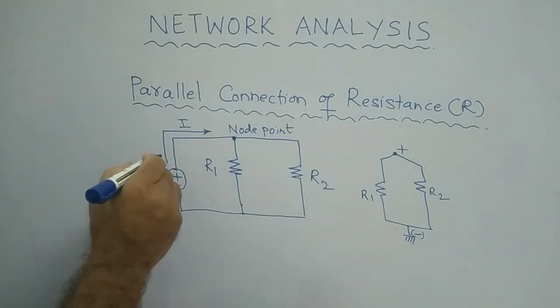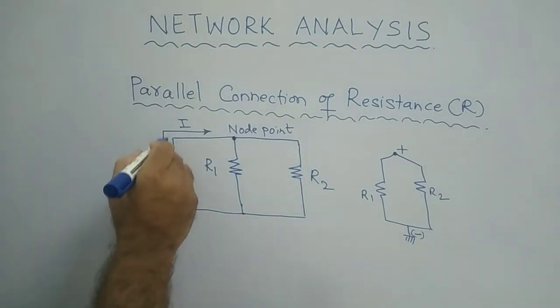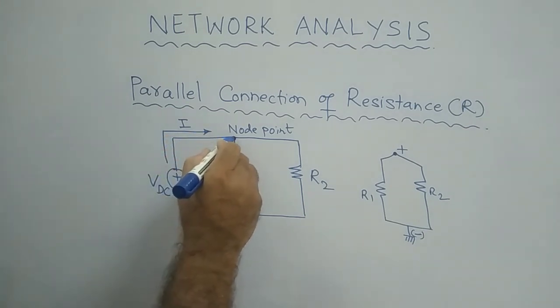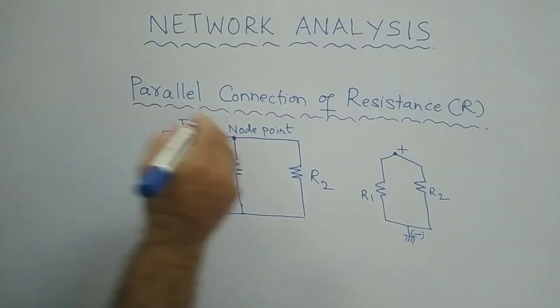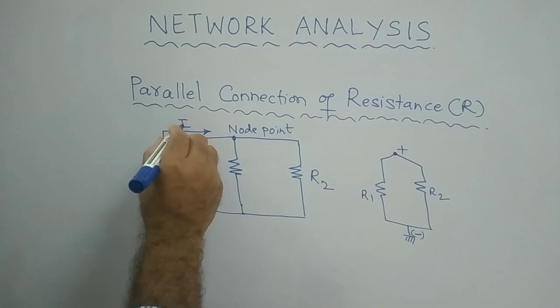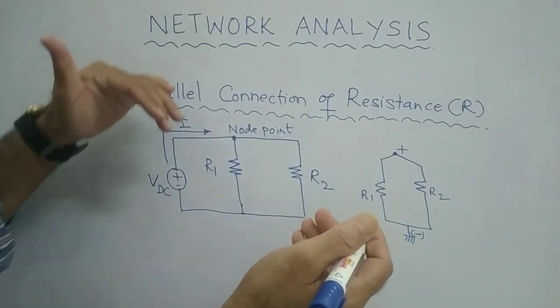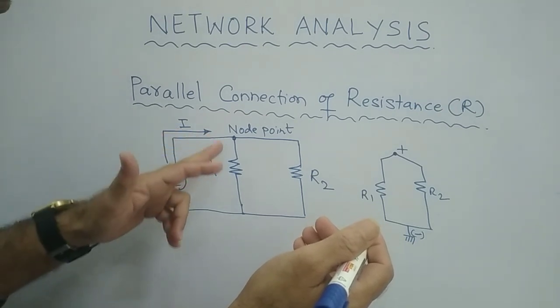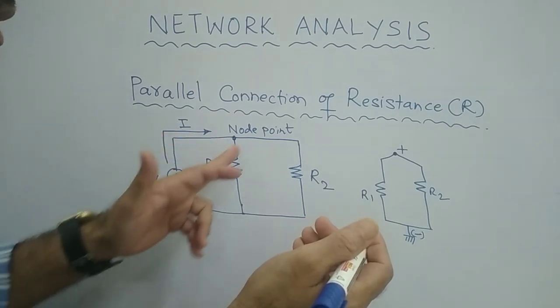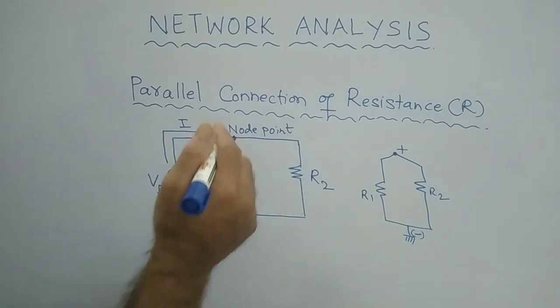So, once the current I starts from here and goes to this nodal point, at this node point this current will be distributed. The current I will be distributed with respect to both R1 as well as R2. How can it be distributed?